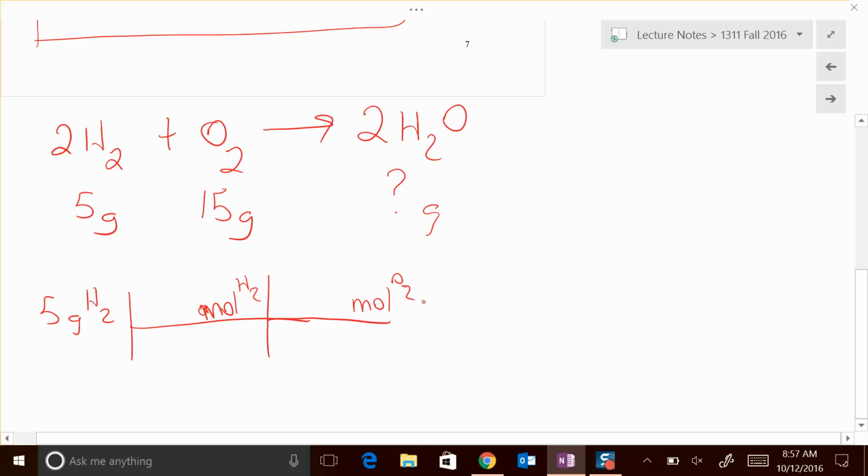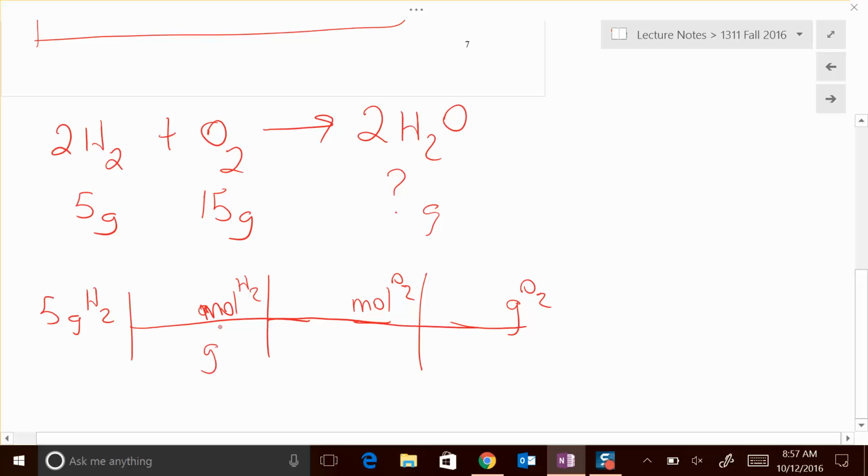So the question here is, if I have 5 grams of hydrogen, how many grams of oxygen are needed to react with it? And this is going to tell me whether it is a limiting reagent or not. Okay? So from the moles of H2 to the moles of O2 to the grams of O2.